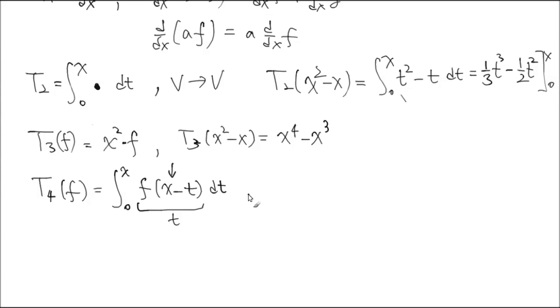So here's an example. T4 of x squared minus x. What you do is 0 to x, right? Now, f of x here is x squared minus x. Instead of x, you're going to plug in x minus t. So it's (x minus t) squared minus (x minus t).